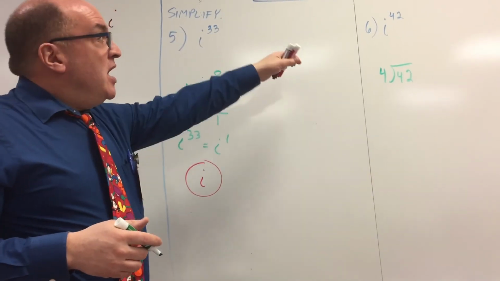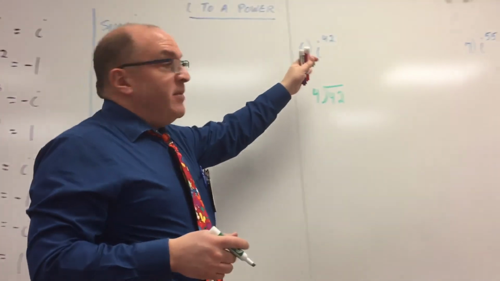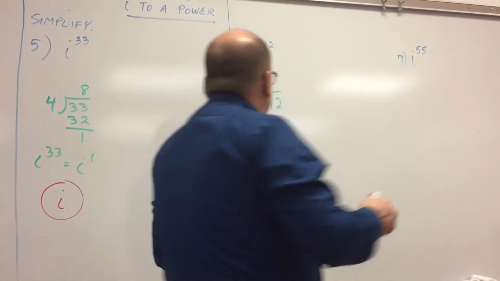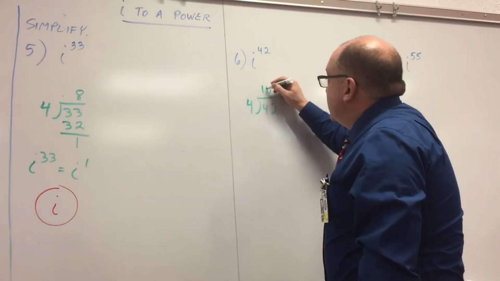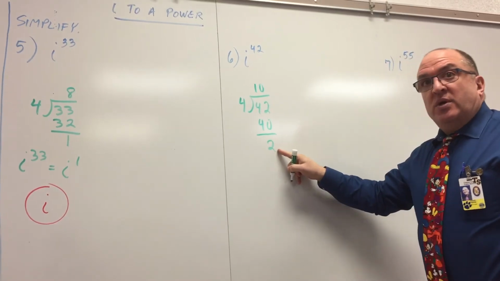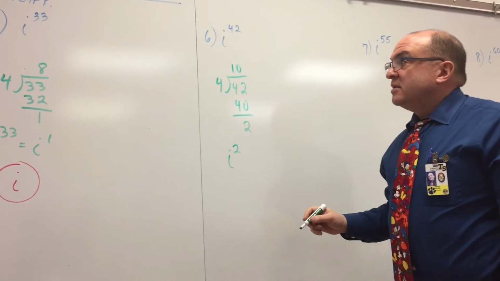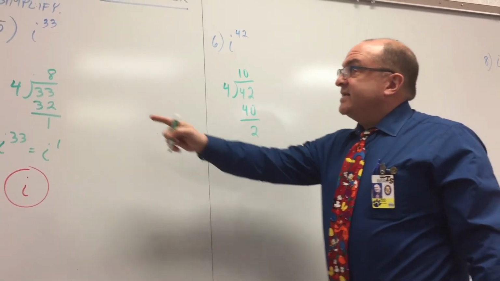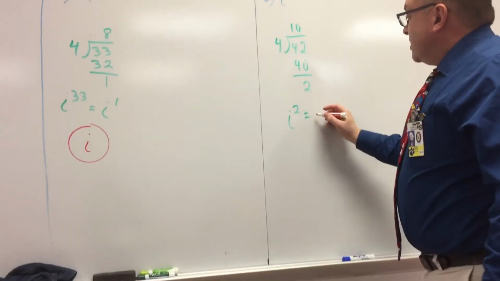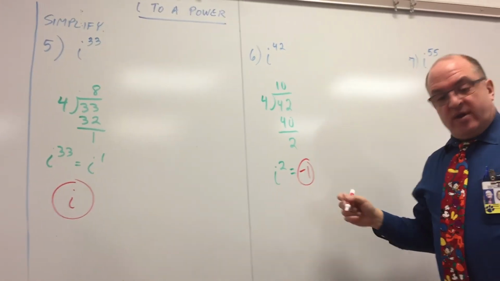When I'm giving you these problems, you always ask how many times does 4 go into the exponent. 4 goes into 42 10 times. 10 times 4 is 40. What's your remainder? 2. So this is the same as i to the 2nd power. What's i to the 2nd power? -1. So i to the 42nd is -1.